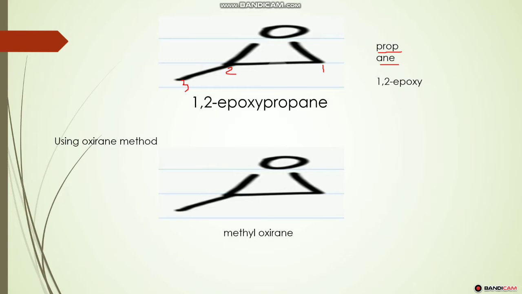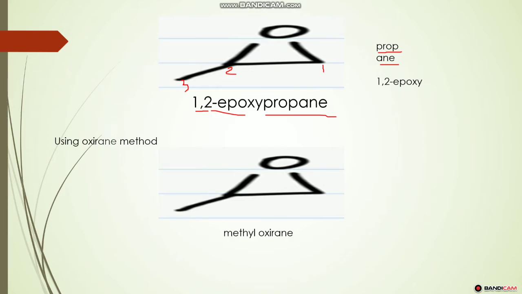Then, since O is bound to 1 and 2, giving the name as 1,2 with prefix epoxy, propane. So this is now the IUPAC name.